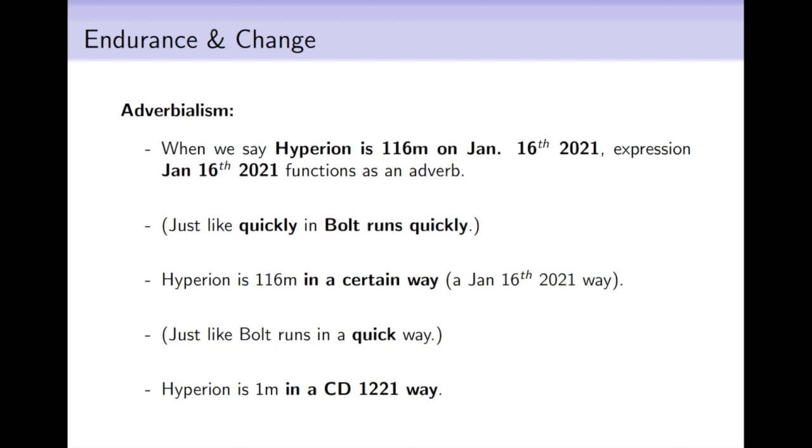Adverbialism says that when we say something like Hyperion is 116 meters tall on January the 16th, 2021, in other words when we attribute one of these temporary changeable properties to an object, the temporal modification of the property attribution should be seen as functioning as an adverb.